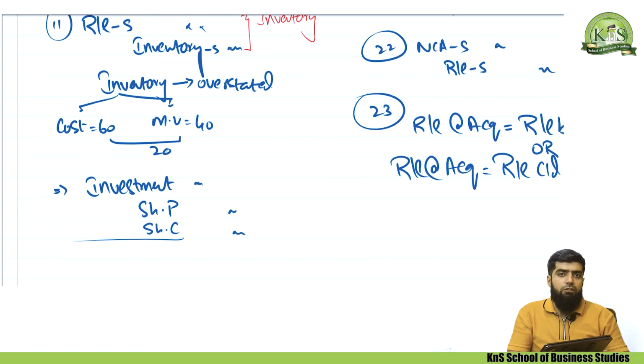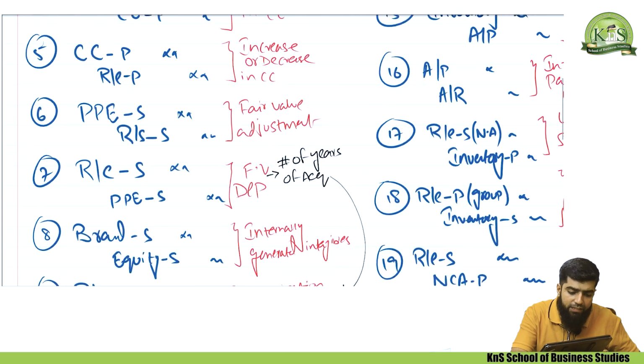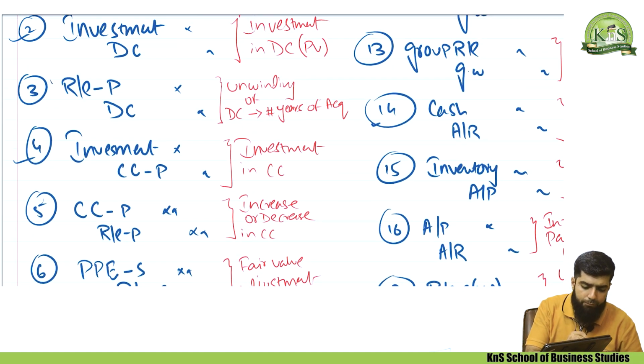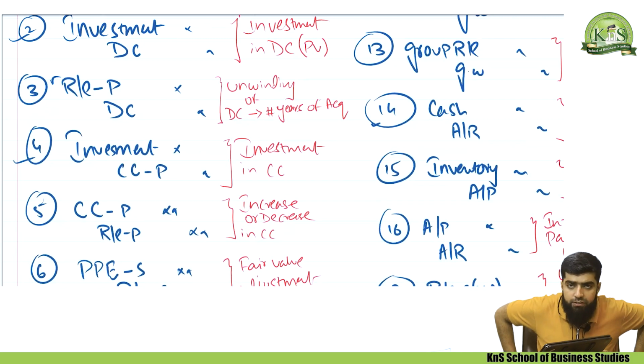Many candidates or students make this blunder. They know that this should be adjusted from the group retained earning side, but they forget to adjust it. Another example: while calculating the amount of investment, you made an adjustment for deferred consideration. For example, retained earning debit for unwinding of deferred consideration; retained earning will be debited and deferred consideration will be credited.